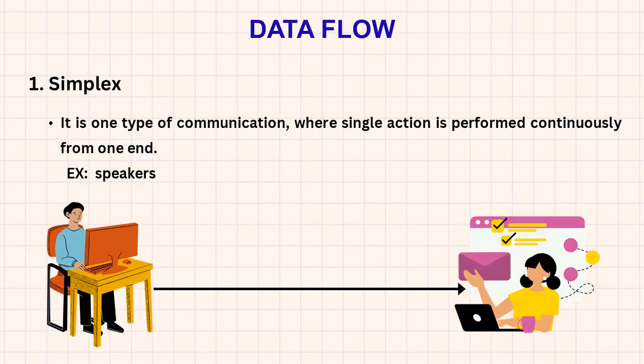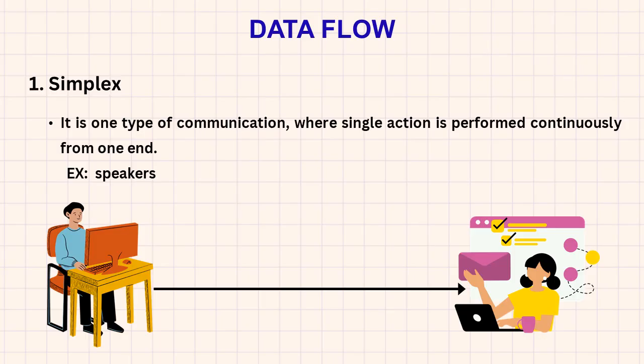There are 3 types of data flow: simplex, half duplex, full duplex. Let me discuss one by one. Simplex. Simplex is a one-way communication where data flows in only one direction.